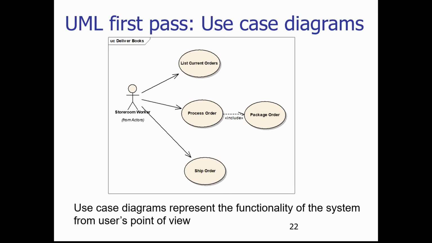For example, if you are asked to write the code to develop accounting software, but you have no accounting background, but your user, I mean the customer, has a strong accounting background, and they know how the accounting works, but you have a solution domain knowledge, and this use case diagram can bridge the gap between the people with different backgrounds, because this use case represents the functionality of the system from user point of view.